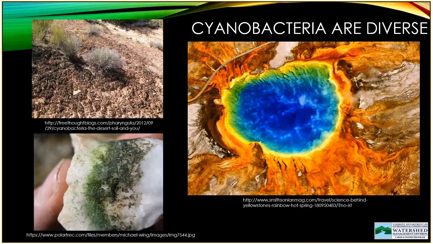Cyanobacteria are very diverse. We think of them as being found in lakes and ponds and rivers, but they can be found in many environments. They grow on soil. They grow in hot springs, in the Arctic, many, many different places. The image on the right is the Grand Prismatic Hot Springs in Yellowstone National Park, where the color rings that you see are in part due to the fact that cyanobacteria and other bacteria have very specific preferences for water temperatures, and they grow where they can find the water temperature they like best.